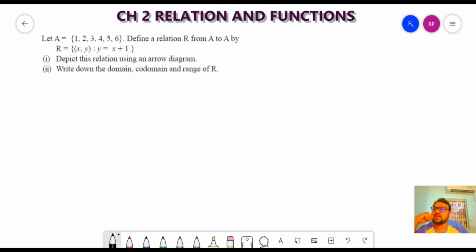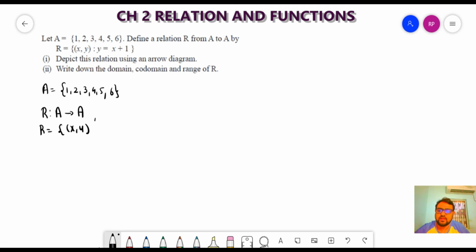Here it is given that set A is equal to {1, 2, 3, 4, 5, 6}. Define a relation R from A to A such that R is equal to {(x, y): y equal to x plus 1}.